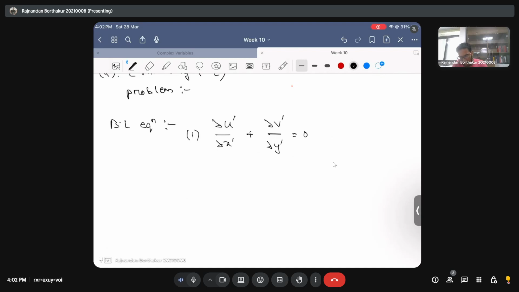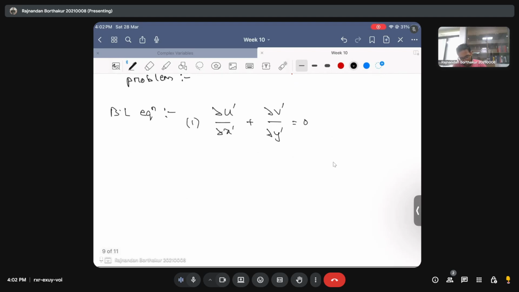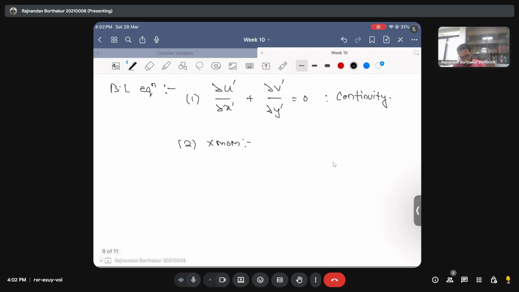That's the continuity equation. And we have the x momentum equation: u prime del u prime by del x prime plus v prime del u prime by del y prime is equal to nu times del square u prime by del y prime squared.